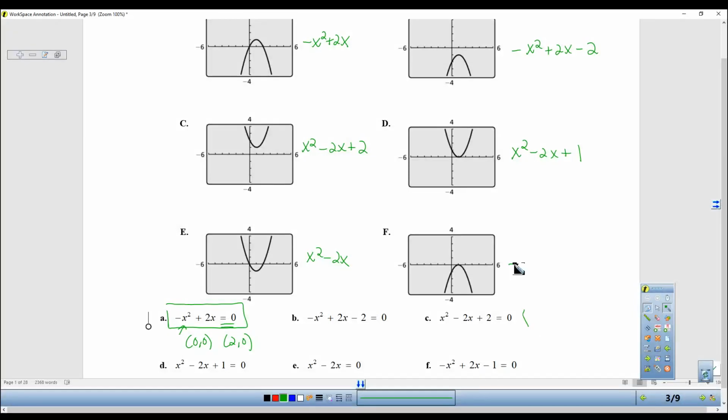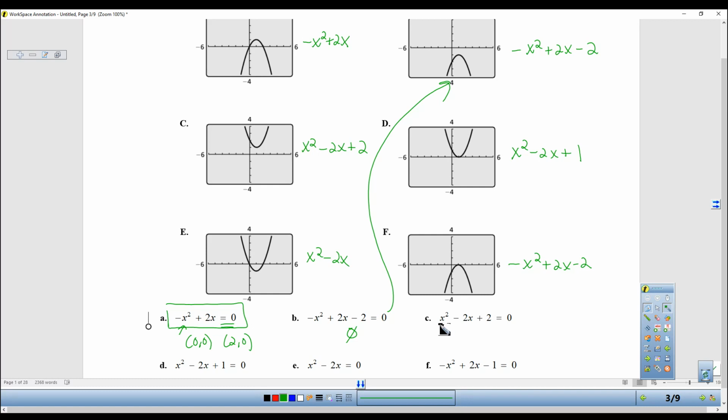And F was negative x squared plus 2x minus 2. So now when somebody says to you, when is negative x squared plus 2x minus 2 equal to 0? You can literally find that one and say, oh, I don't even need to do any work. That one's never equal to 0.